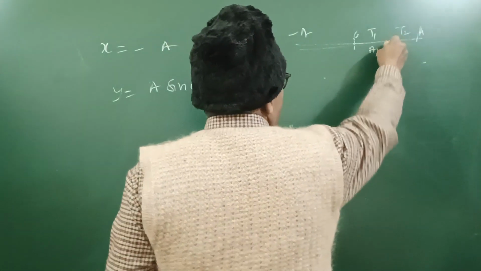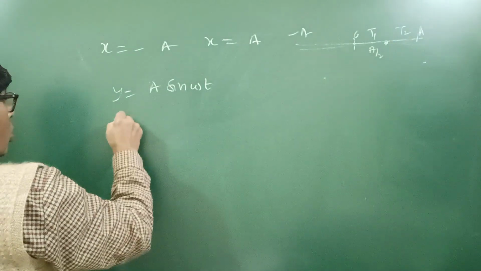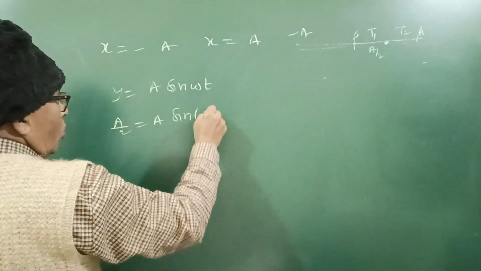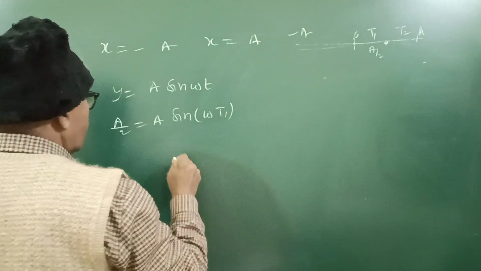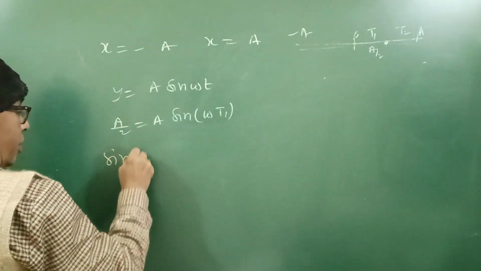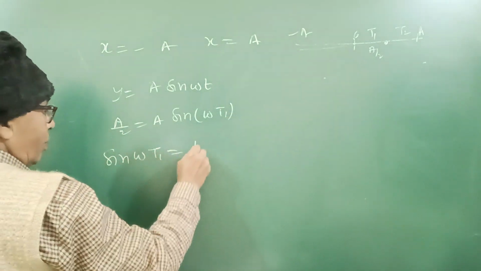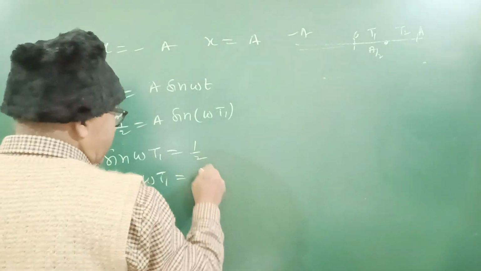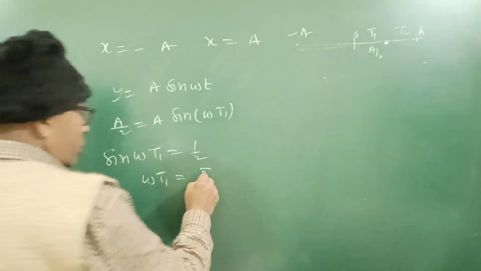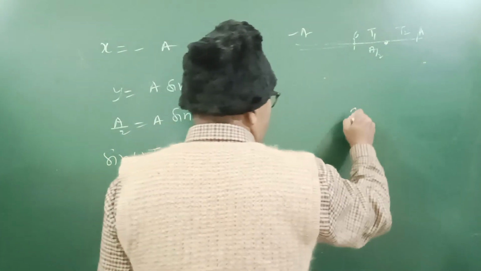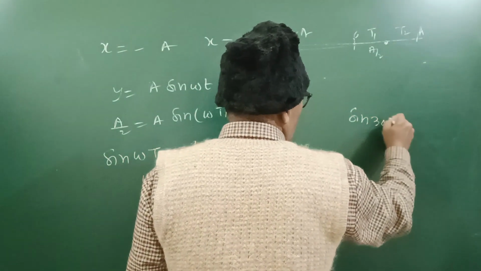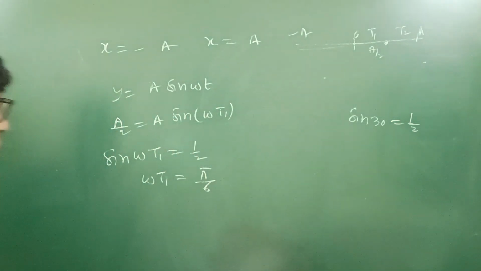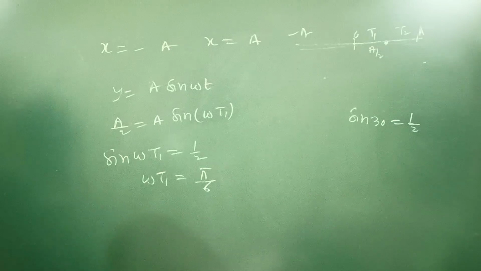So at t1 it is at a by 2. So a by 2 equal to a sin omega t1. So sin omega t1 equal to 1 by 2. Omega t1 equal to pi by 6, because sin 30 equals 1 by 2 and 30 means pi by 6, that is 180 by 6.